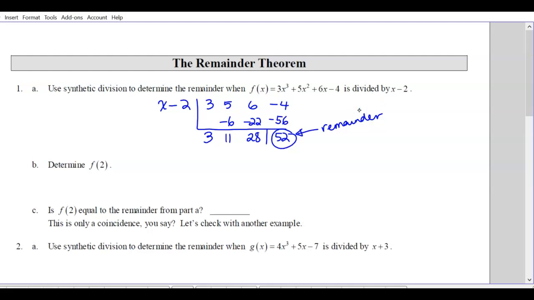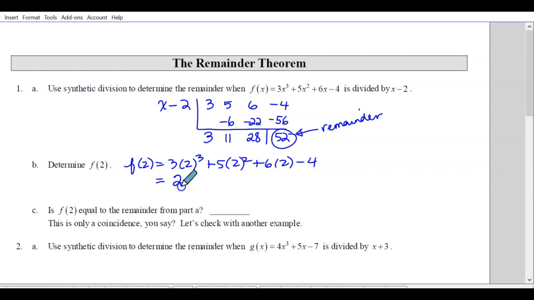Okay. Next thing is determine the value of f of 2. So that means you substitute 2 in for every x. You can enter that in your calculator if you want.